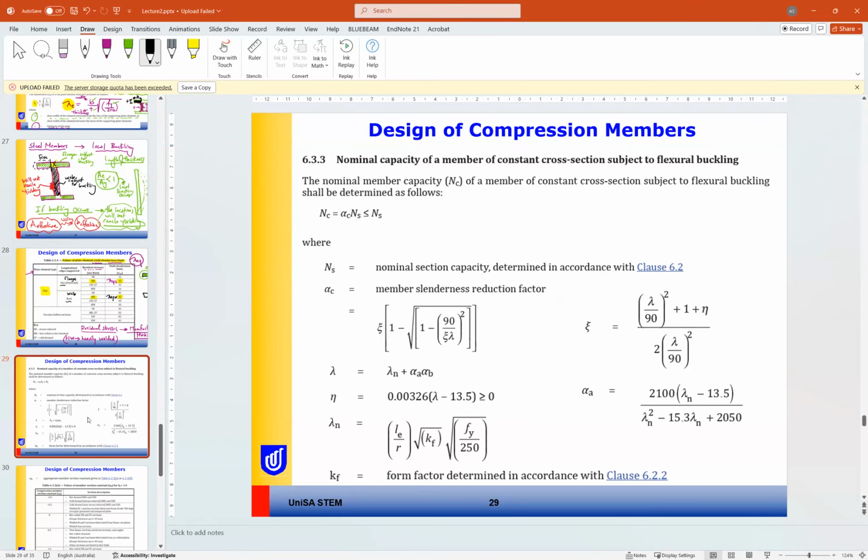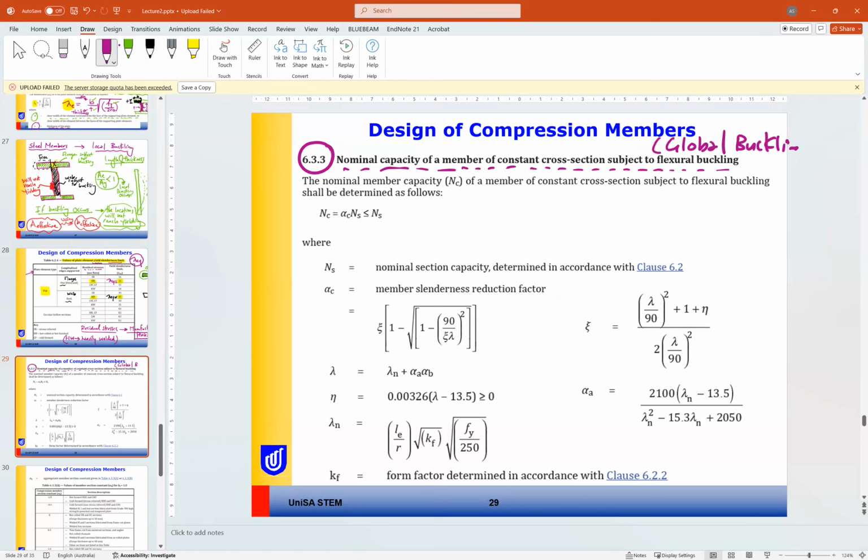So this was the section capacity of the members, and now we need to find the member capacity for the compression member. The member capacity is according to clause 6.3.3 for members subjected to flexure buckling or global buckling.